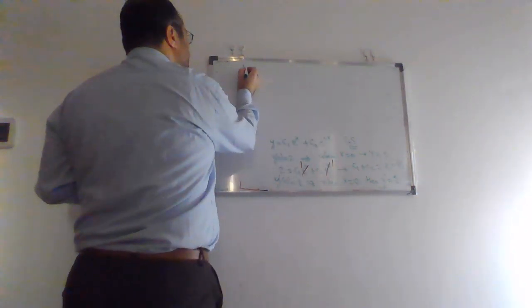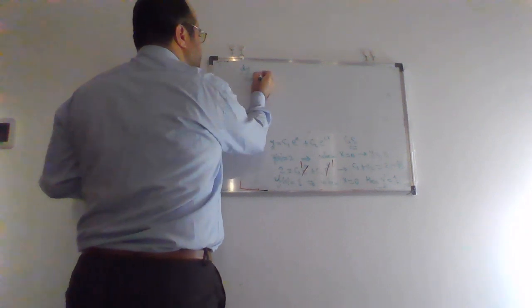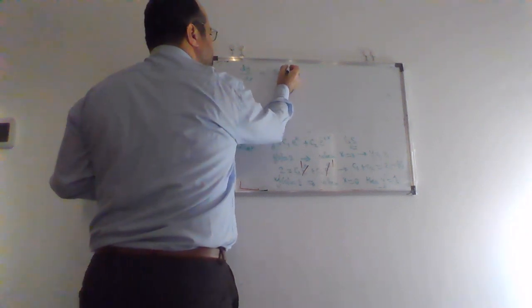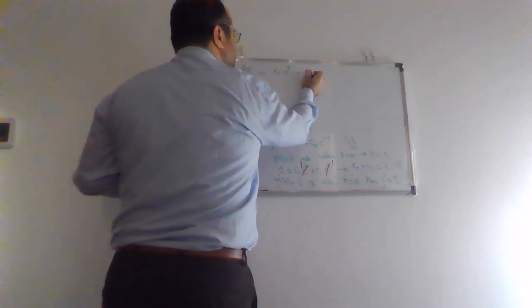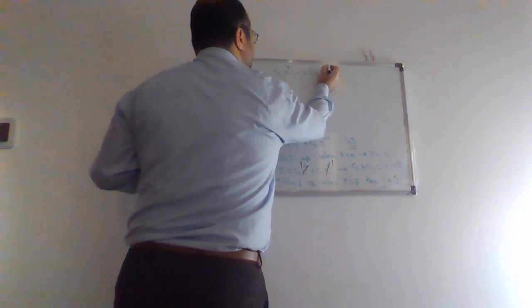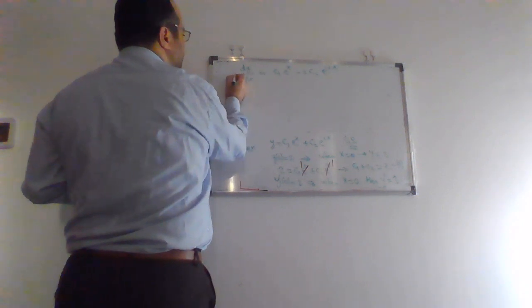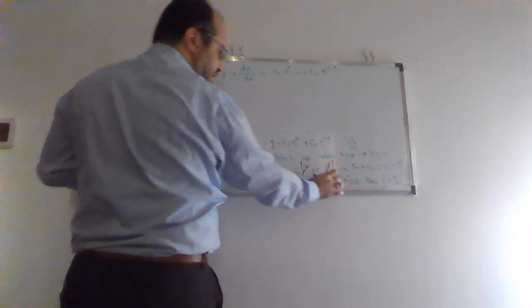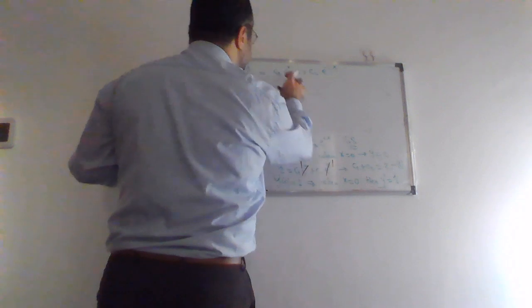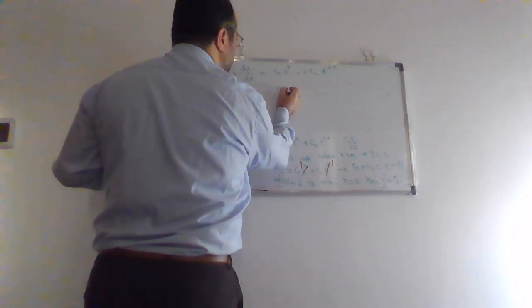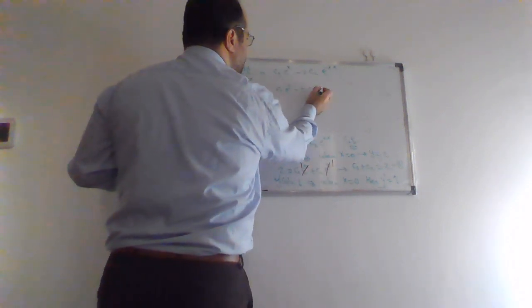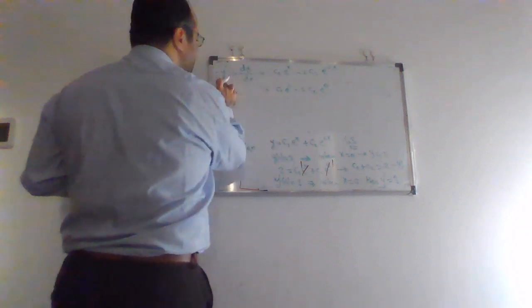First you need dy over dx, and we know how to differentiate. You get C1 e^x minus 2 C2 e^(-2x), right? Now you know that this can be called y prime, and here it says plug in x equals 0. Then you get C1 e^0 minus 2 C2 e^0 equals, what is y prime?